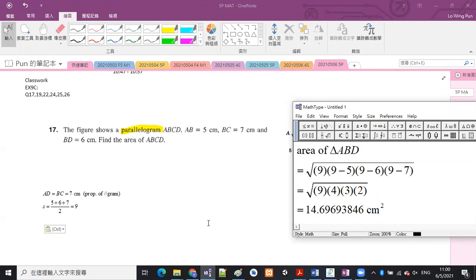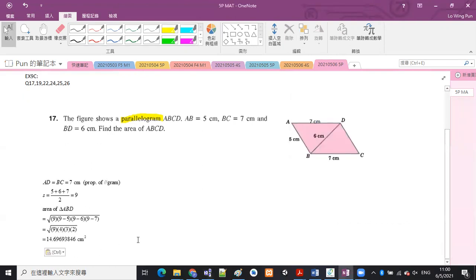This is not the final answer, so we will save this answer to memory 8.